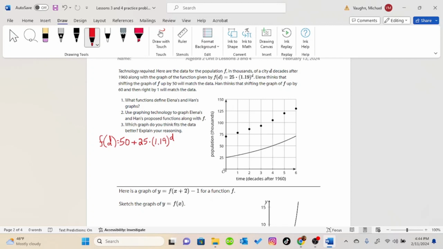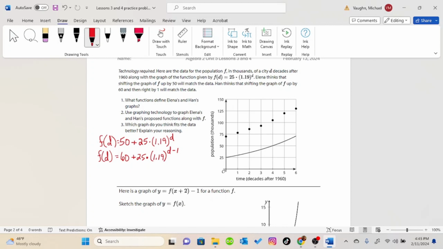All she is doing is shifting it up. So when we shift up, we add 50 outside of the original function. Then Han wants to shift up by 60, but also wants to shift right by 1.